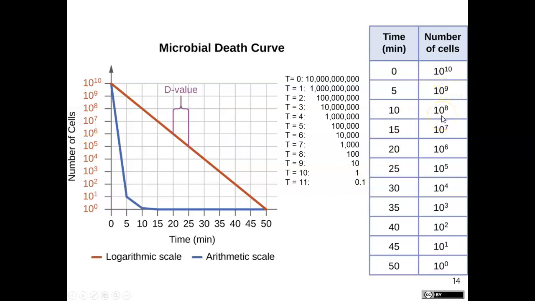At 10 minutes you have 100 million cells. At 15 minutes you have 10 million cells. At 20 minutes you have 1 million cells, then 100,000, 10,000, 1,000, 100, 10, and at 50 minutes you have 1 cell left. If you stop the treatment at that point, that single cell can replicate and produce all kinds of new cells. So you have to go for 5 more minutes to get less than 1 full cell, and then you kill off all the bacteria.